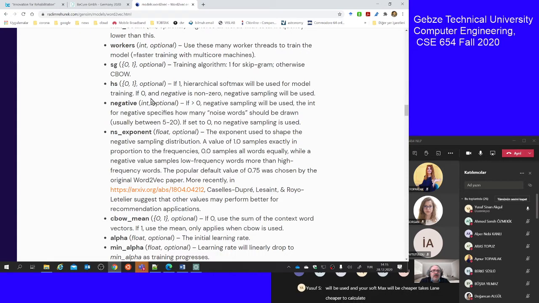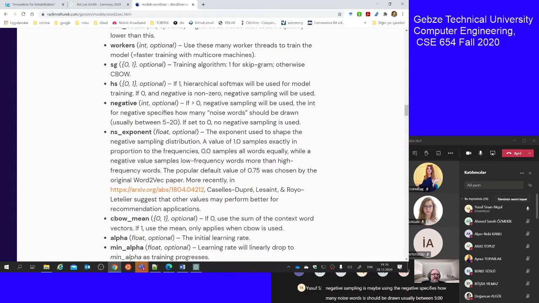If 0 and negative is non-zero, negative sampling will be used. So either a hierarchical softmax or a negative sampling. Negative specifies how many noise words should be drawn, usually between 5 and 20.